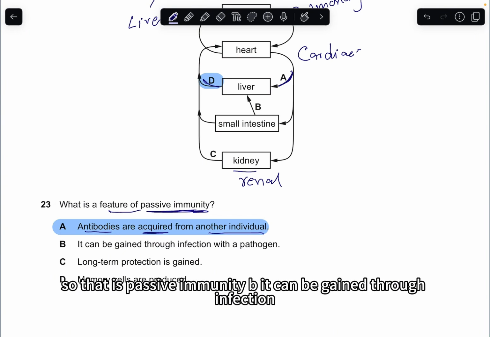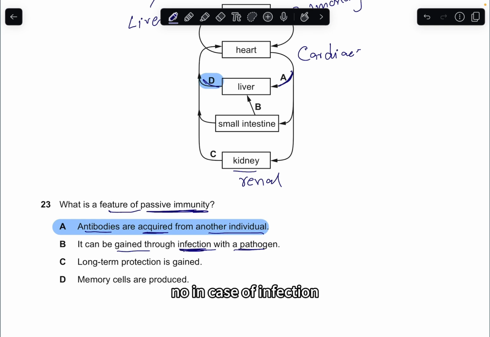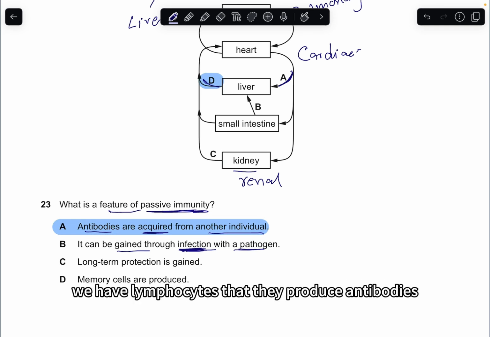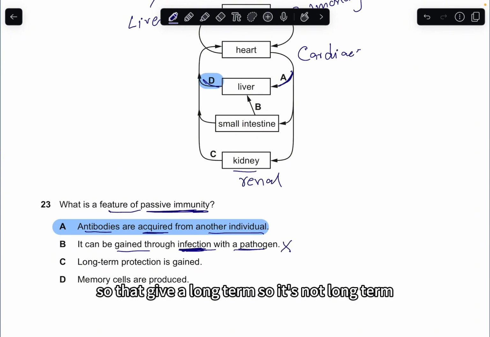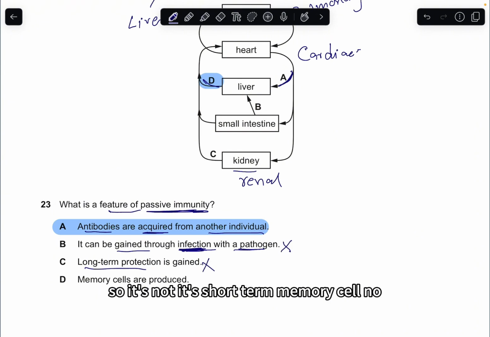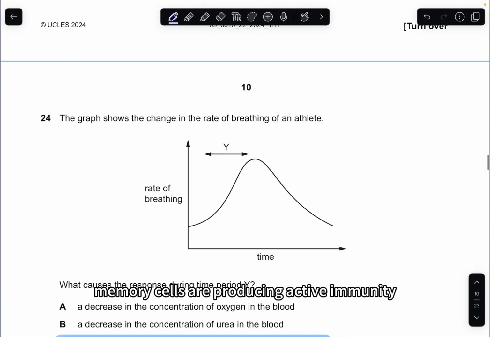B, it can be gained through infection. No, in infection lymphocytes produce antibodies, which gives long-term immunity, so it's not short term. Memory cells produce active immunity.